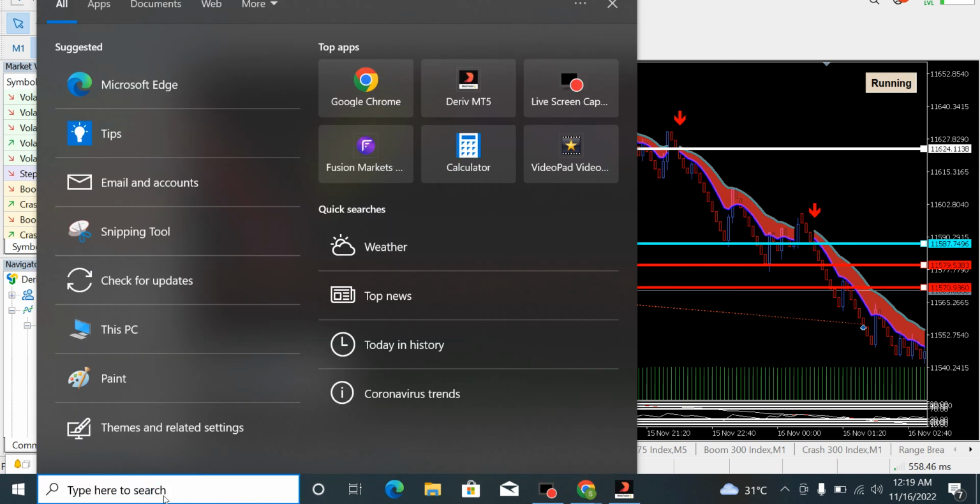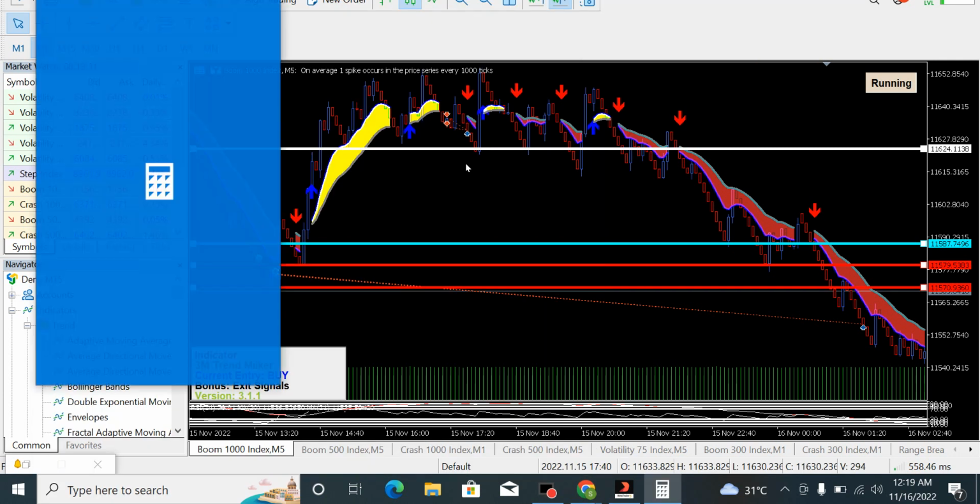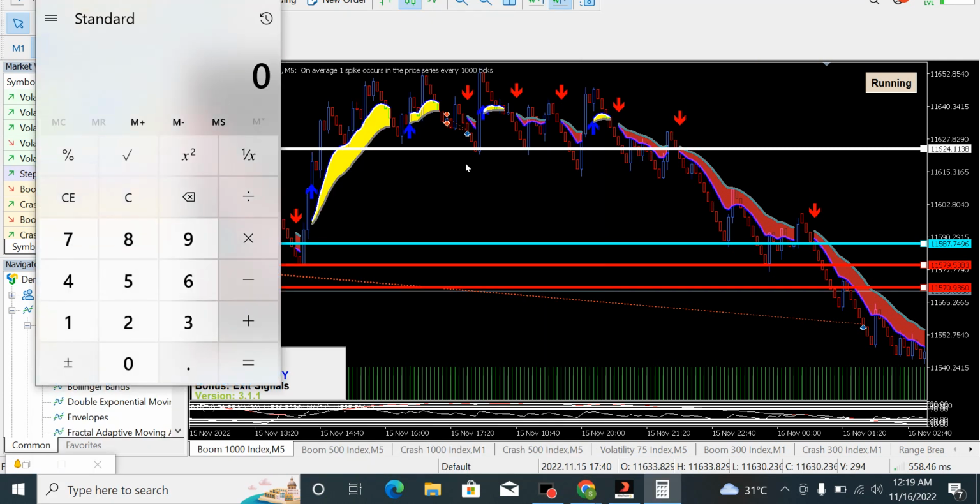Let's do some calculation so that you guys will understand what we are talking about. It is very easy when you use take profit to monitor your trade so that you can have successful trading activities. That is 13 candles times 5. With this you would have traded for 65 minutes.